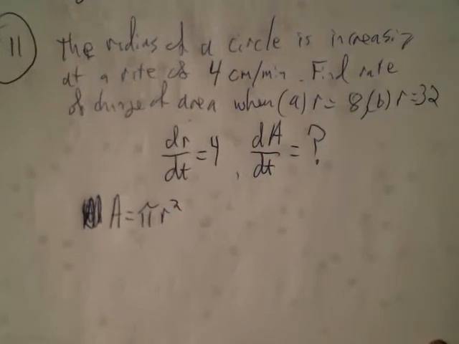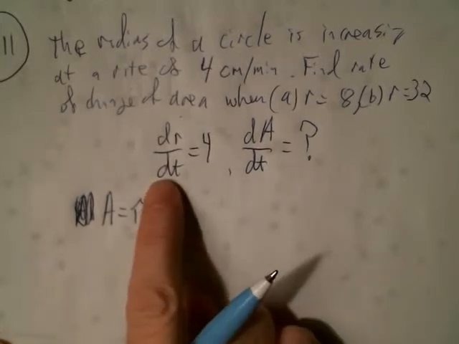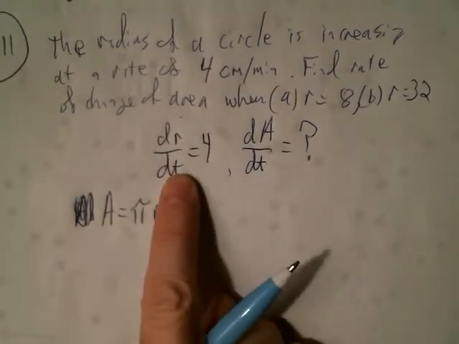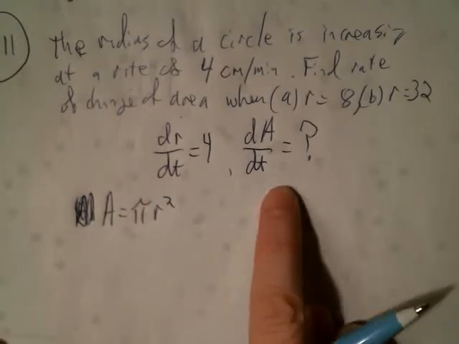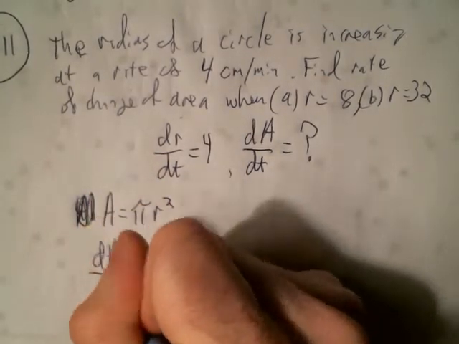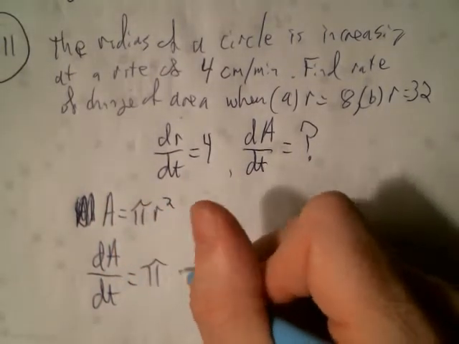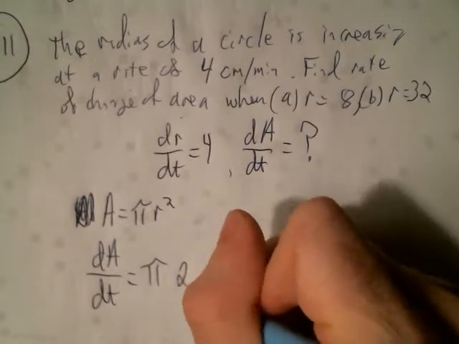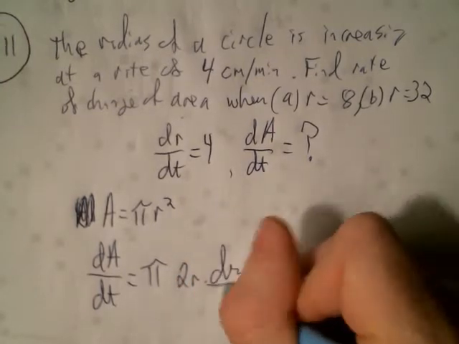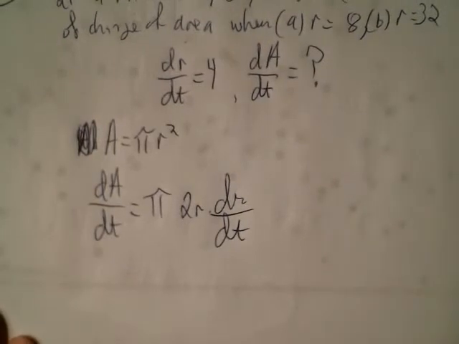Okay. So what we're going to do with this formula is take the derivative implicitly. So the derivative of A with respect to t equals pi times the derivative of r squared with respect to t. So that's 2r times the derivative of r with respect to t. Okay.